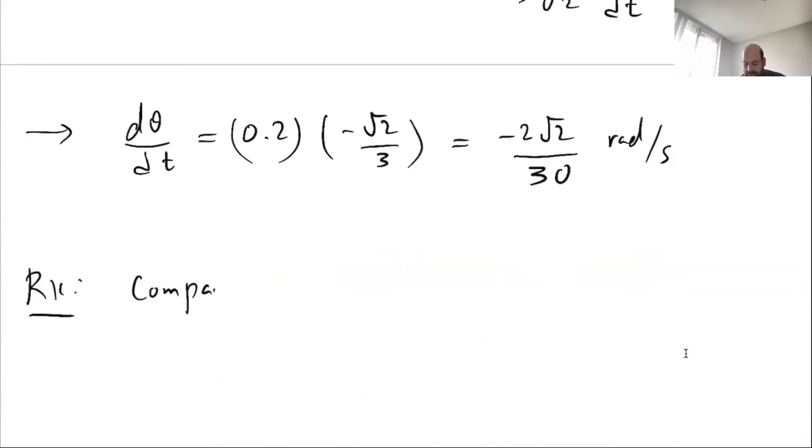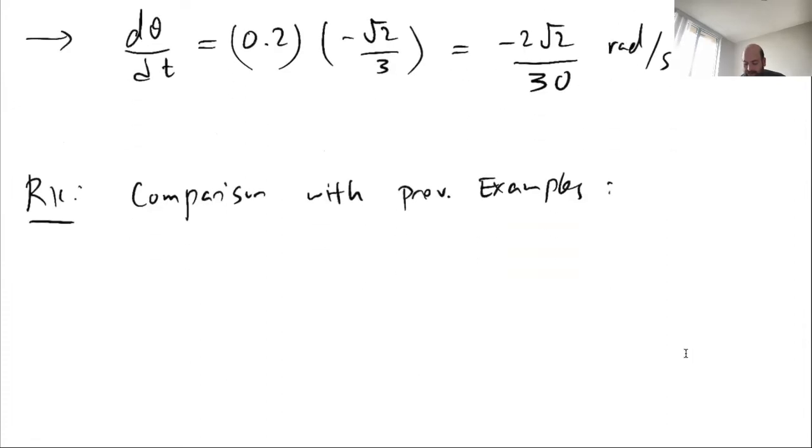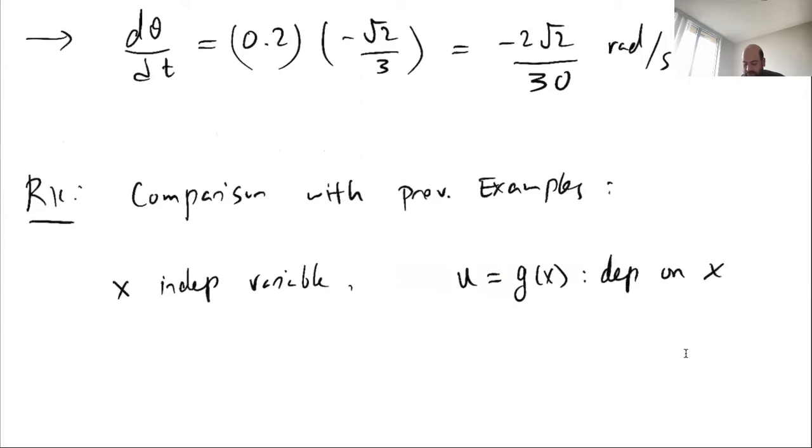Comparison with previous examples. Previous examples, we had x as independent variable and u as a function of x, dependent on x.